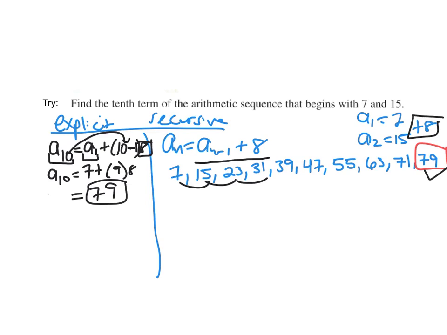Your difference is 8, you can figure that out quickly, and then all you have to do is subtract, multiply, and then combine like terms, and you get 79 a little bit faster. So either method actually works for this unless they specify they want it recursive or explicit. Explicit, just remember, is the same thing as the nth term.